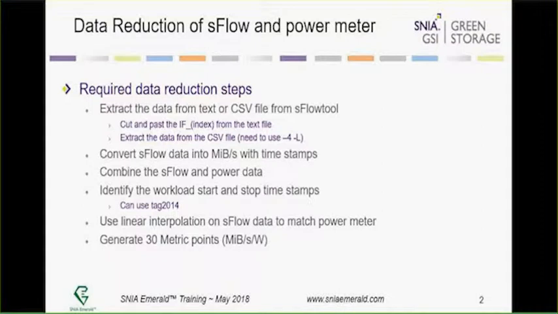As previously talked about in the data reduction steps, basically you're going to abstract the data from the text or CSV files from the SFlow tool, convert the SFlow data into megabytes per second with timestamps, combine the SFlow data with the power data on the 10-second intervals, identify the workload start and stop times, use linear interpolation for the SFlow data to match the power data if it doesn't match up on timestamps, and generate the 30 metric points needed for stability and the metric itself.